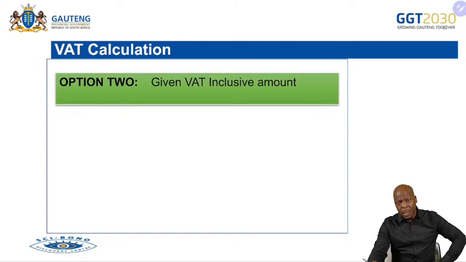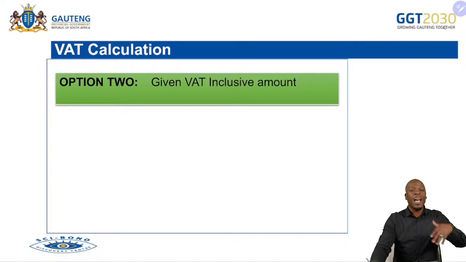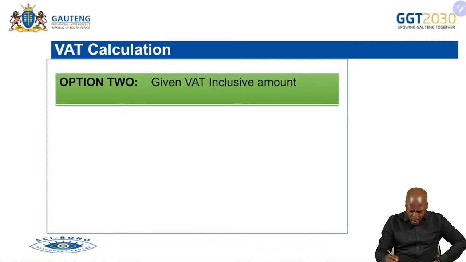Now, option number 2. If you are given the VAT inclusive, what does inclusive mean? Exclusive meant without VAT. Therefore, inclusive means with VAT. And if you remember, we agreed that exclusive is 100 and VAT is 15. Therefore, inclusive becomes your 115.